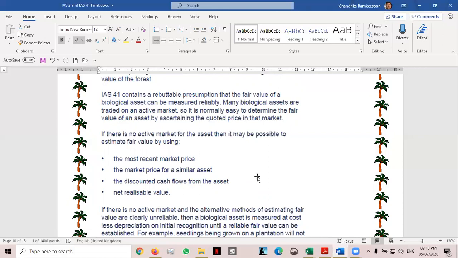If there is no active market for the asset, then it may be possible to estimate fair value by using the most recent market price for a similar asset, discounted cash flows. What we are looking at is, of course, the different levels of valuation.